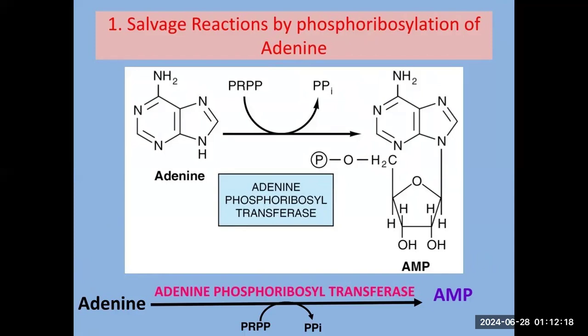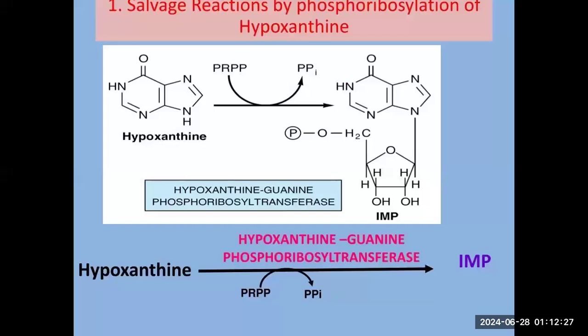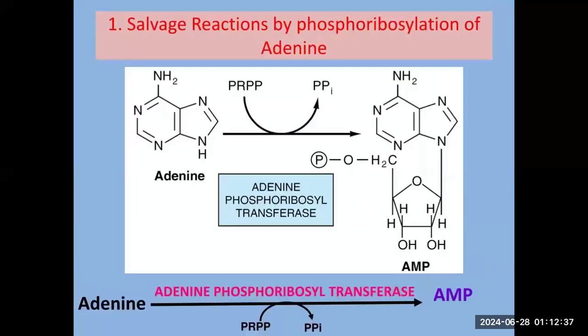Second, the salvage reaction by phosphoribosylation of adenine. Remember, in the previous one, we have the simple purine ring to which we added the phosphoribosyl pyrophosphate and made that one into nucleotide. In this one, adenine, in the presence of phosphoribosyl pyrophosphate and the enzyme adenine phosphoribosyl transferase, is converted into AMP, adenosine monophosphate.